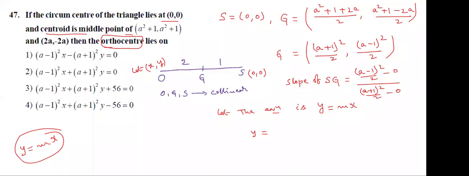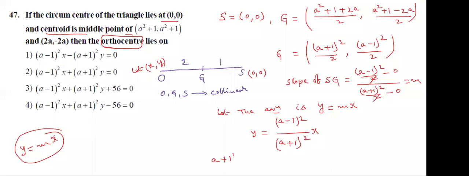This is the slope. Substitute here. In the numerator we get, and the 2s cancel now. What do we get? (a minus 1) whole square by (a plus 1) whole square into x. This is the slope m. Now finally see the calculation.